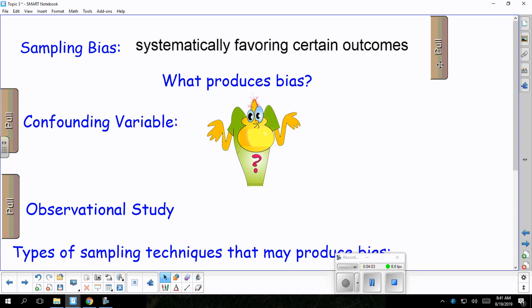Am I sampling in a way where my sample doesn't really represent the whole population? My goal is to have that sample represent everyone in my population, and hopefully we don't leave out a certain segment.